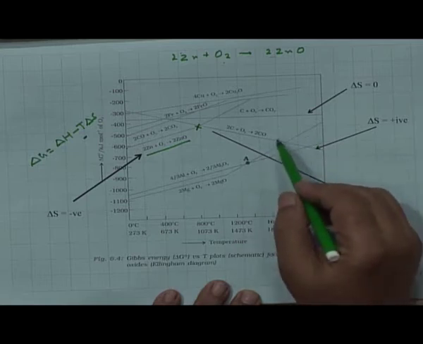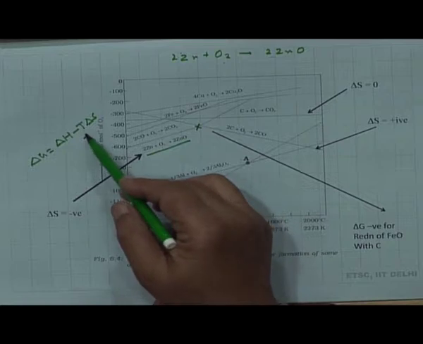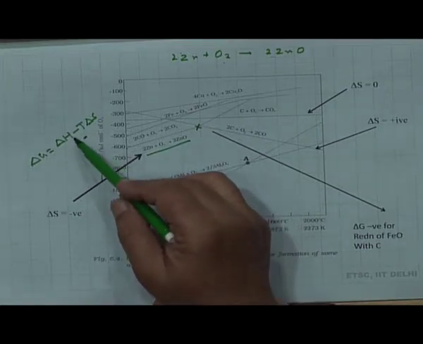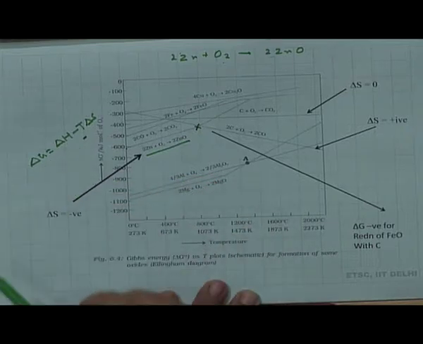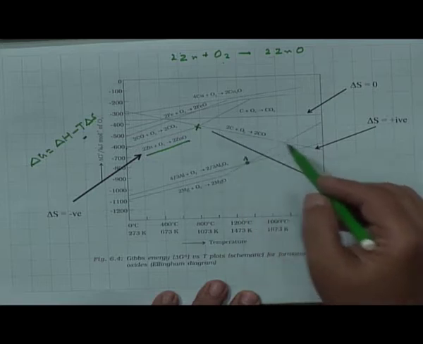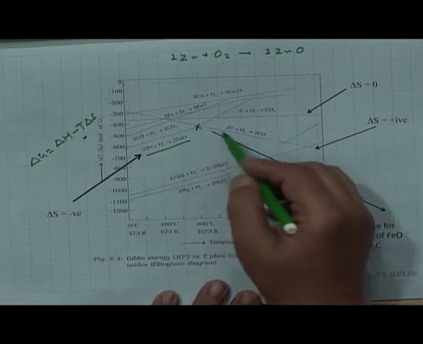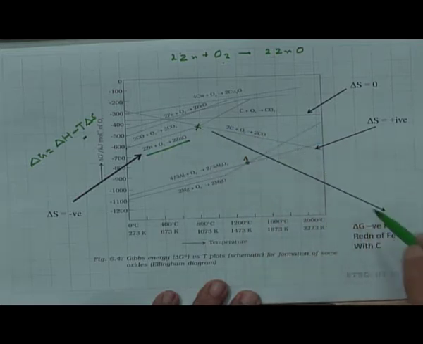So, randomness is increasing and delta S is positive. In this equation, if delta S is positive, then this factor becomes negative, and delta H is negative, this is an exothermic reaction. The combined effect of the two, as the temperature increases, delta G will become more and more negative.